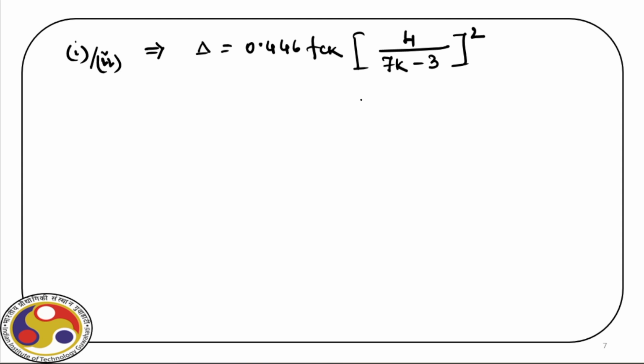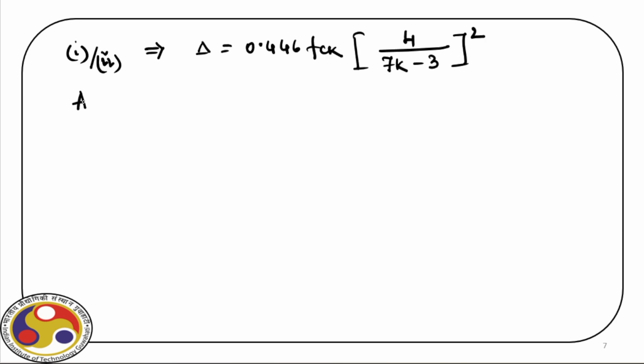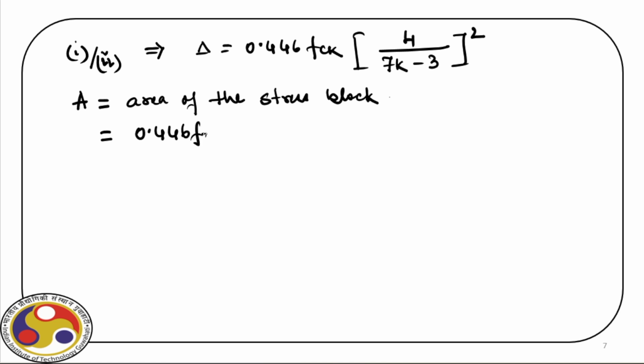Now, let us find out the area of the stress block. So for that, again, let us consider this stress diagram. So this area under the stress block will have a rectangular part plus a parabolic part. So if we find out area, A is equal to area of the stress block. So this is 0.446 FCK times D minus, so you can see it here.